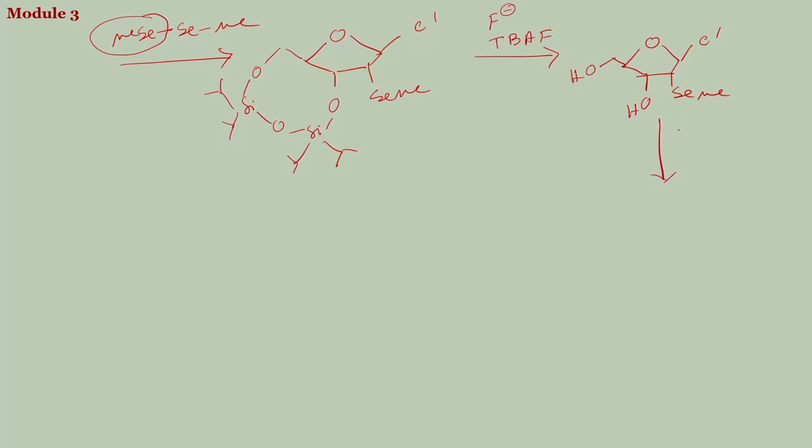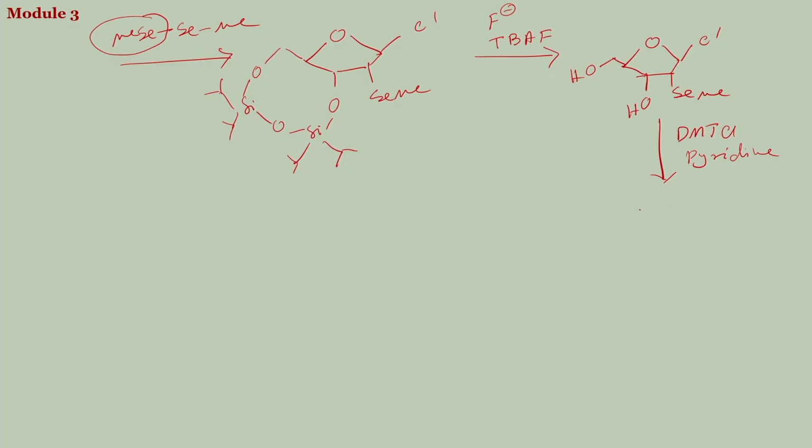Then you do the DMT protection, DMT chloride. You need pyridine. Pyridine is a solvent that is usually used for DMT protection, because the DMT protection is very sensitive chemistry. Presence of a slight amount of acid or slight amount of water will kill this reaction.